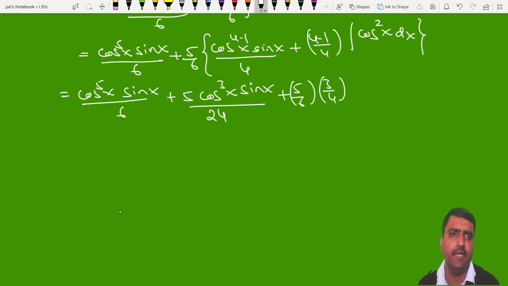We have to multiply 5 by 6 with both the terms. So it is 5 by 6 into 3 by 4.